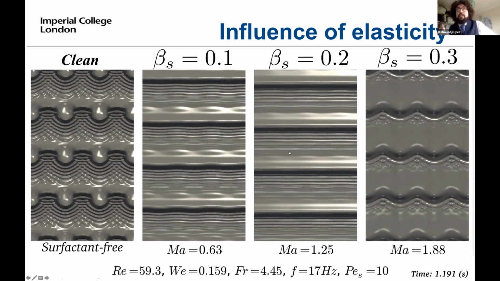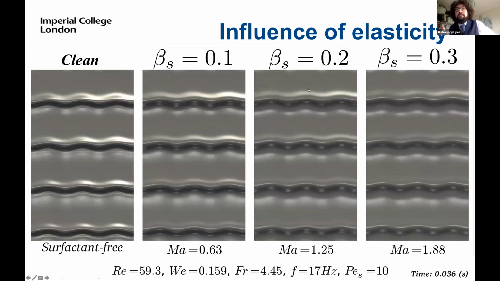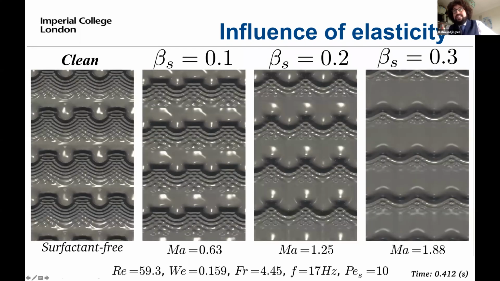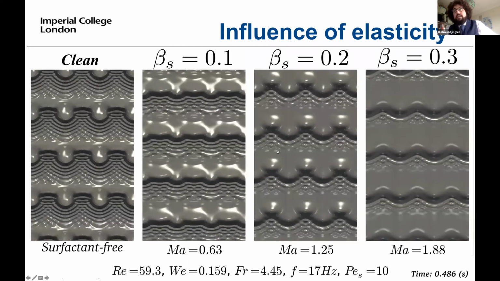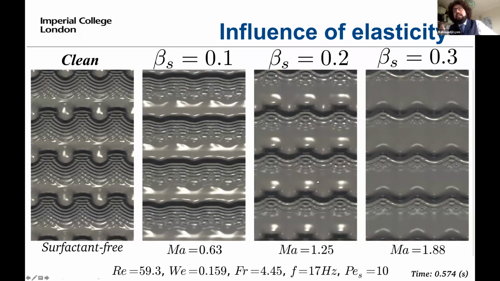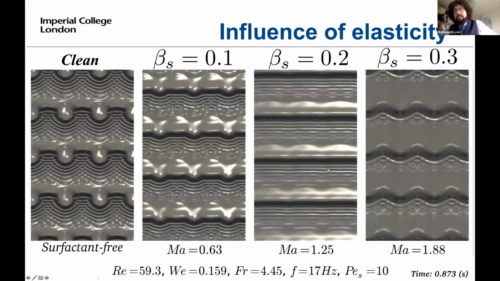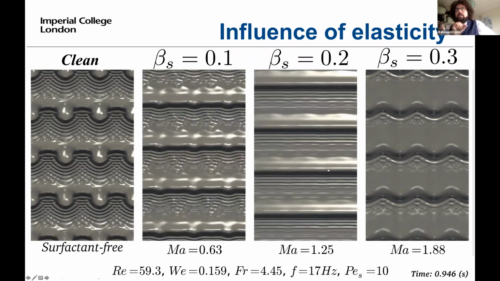I can show you the evolution of the interface, and it will give this type of periodic 3D waves, and then it will suppress the periodicity in the spanwise direction. It won't kill all the capillary waves, but it will keep some of them, reduced a bit.